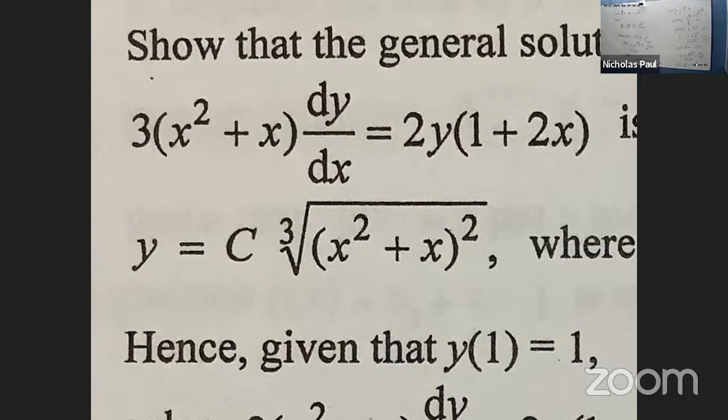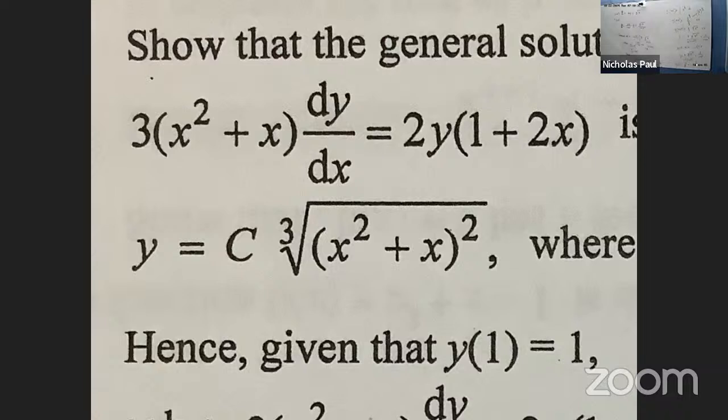You have to figure out which technique to use. Is it integrating factor or the separation of variables, right? Look at the answer. This one. Yeah, it kind of looks like that. In the end, the answer has to look like that, right?